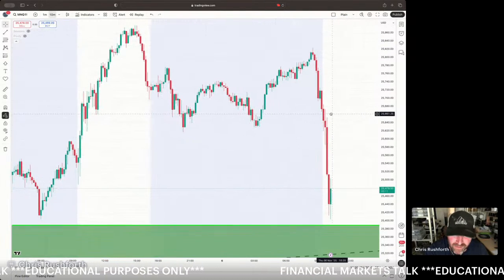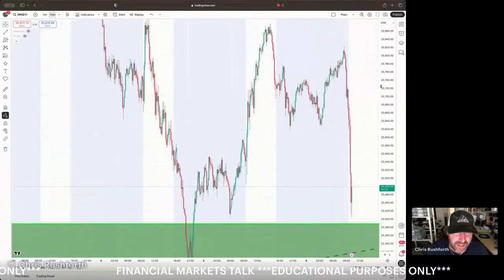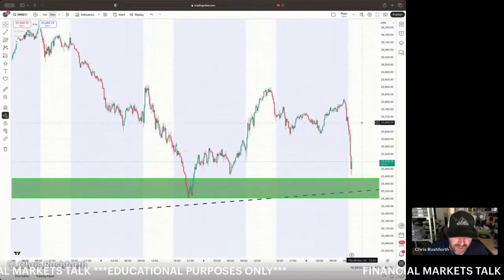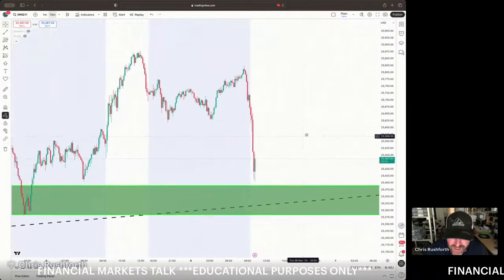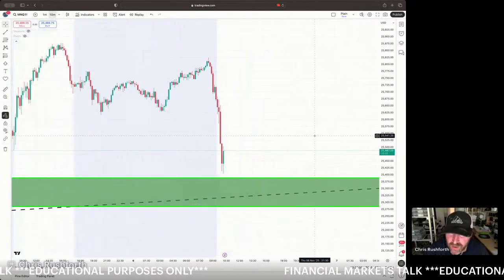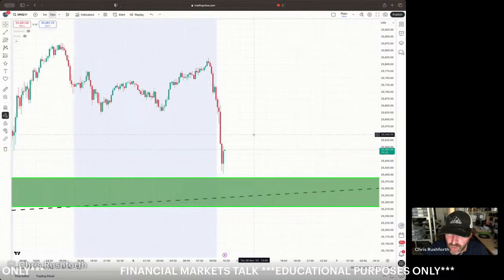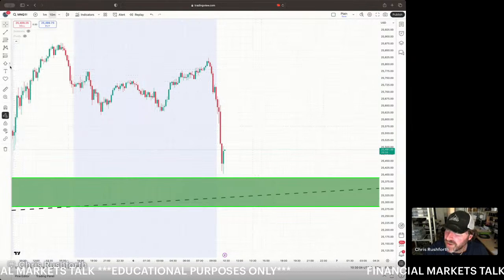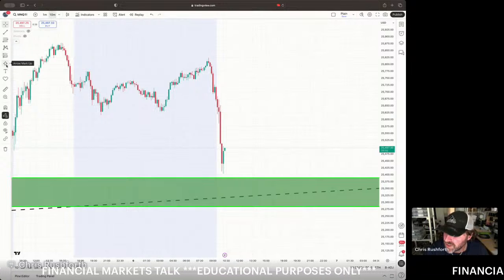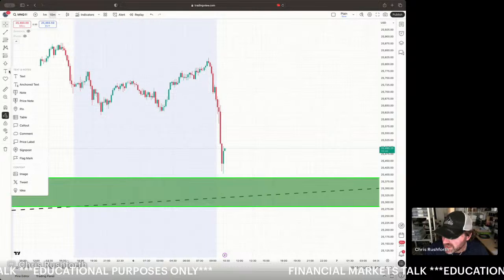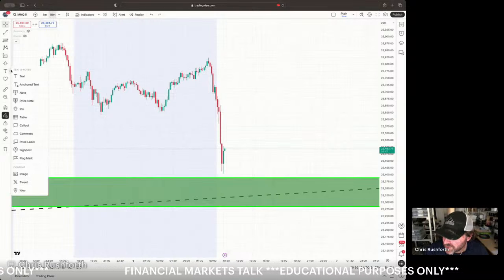We don't have enough information to take a trade at all. Essentially what we've got to do here is expect continuation down, maybe, or structure to form and continuation up. We're going to wait another 24 hours.